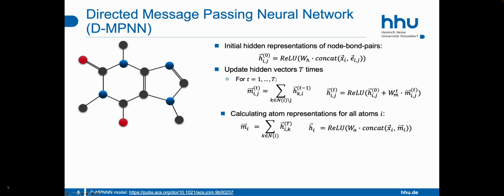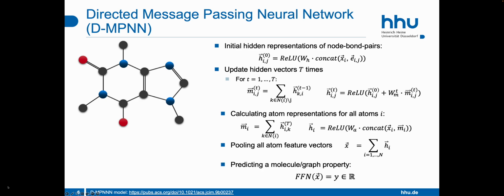We multiply this vector by matrix WA with learnable parameters and apply the ReLU activation function. We now remember that we want to obtain a single vector for the whole graph using the atom vectors Hi. In a DMPNN, this is achieved by summing all atom feature vectors Hi element-wise. This vector x is now a representation of the entire graph or molecule, and we can use this vector as the input for a feed-forward neural network to predict a property of the molecule.